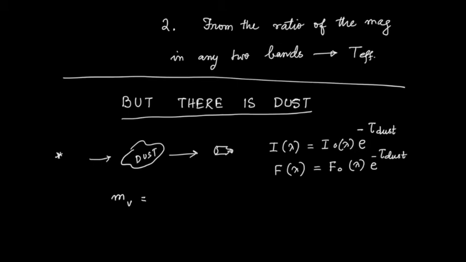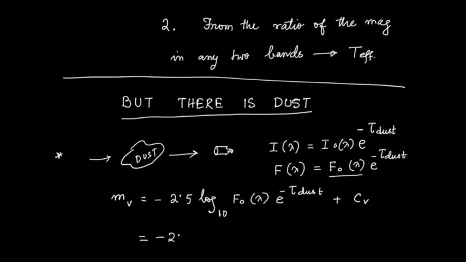So if I'm calculating, say, the V band magnitude, I will get minus 2.5 log 10 of F lambda. Now F lambda I can write as F0 lambda, which is the flux which I would have got if there was no dust, right? And then e to the minus tau dust, plus some CV.